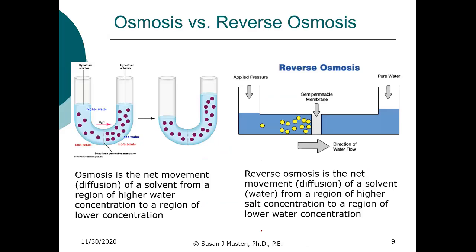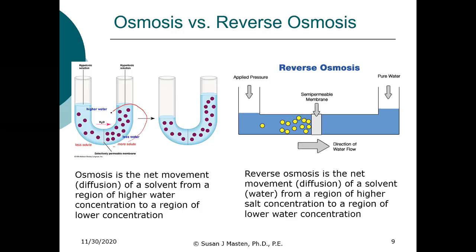Now, when we talk about reverse osmosis, the way osmosis works is that it's the net movement by diffusion of a solvent from a region of higher water concentration to a region of lower water concentration.